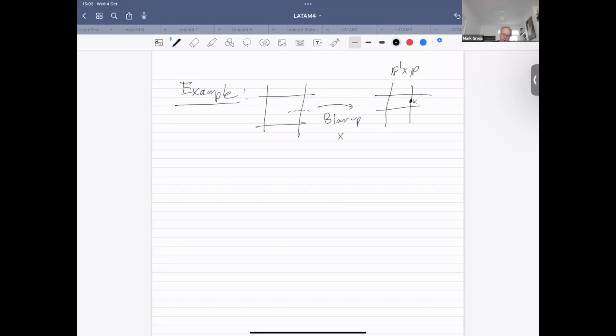And there's an exceptional curve E, which I don't take to be part of the boundary. So the boundary is the strict transform of the boundary line that was containing X plus D2 plus D3 plus D4. The boundary D is the sum of these 4 boundary divisors. E is not part of the boundary.